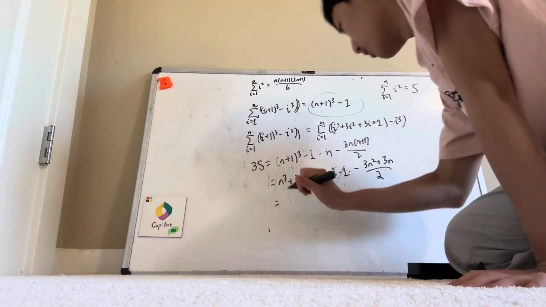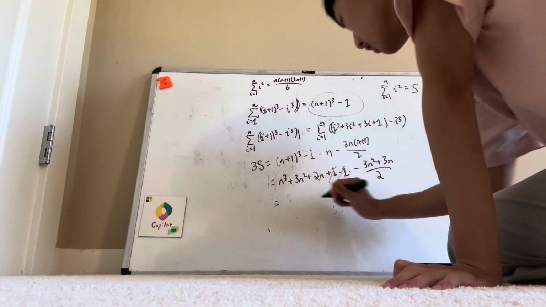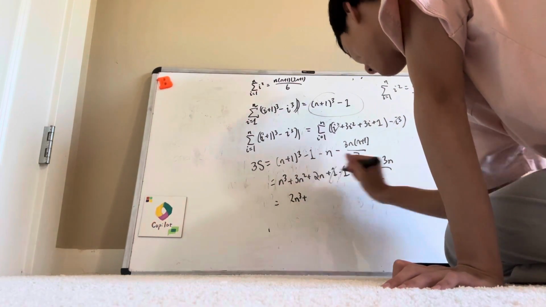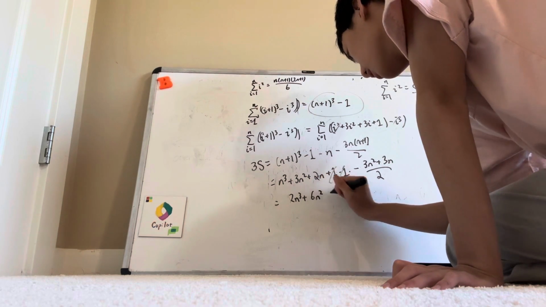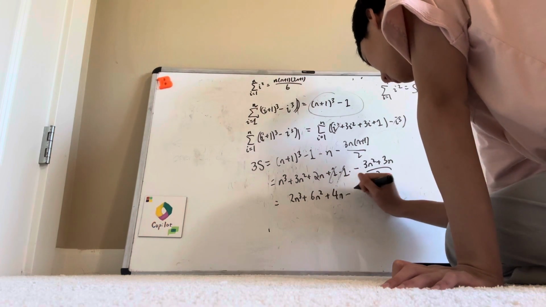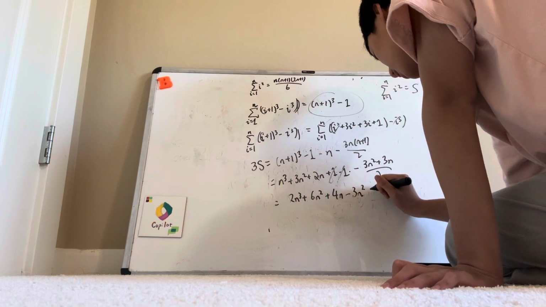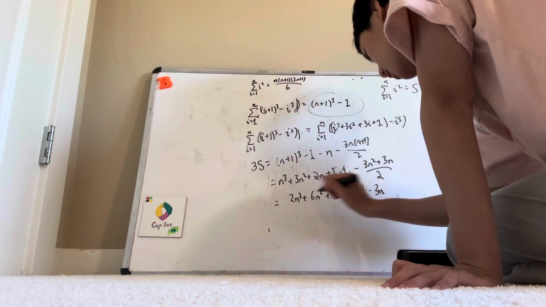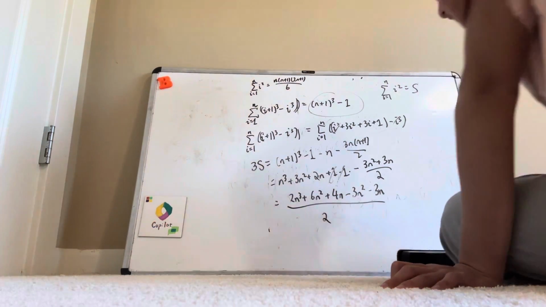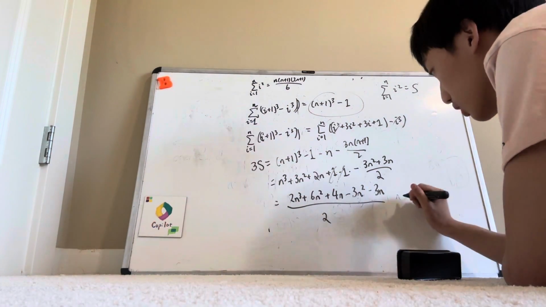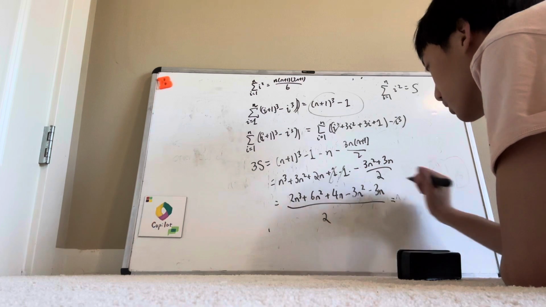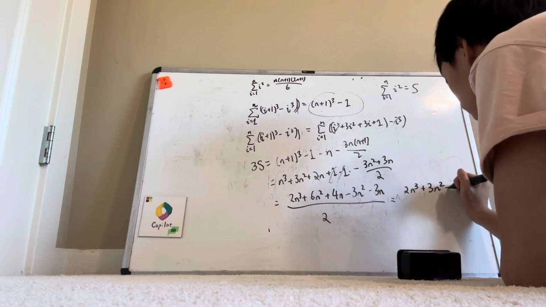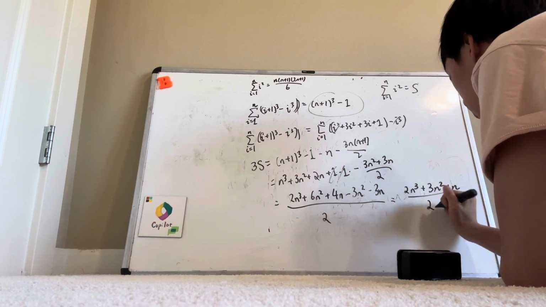And all that, when we plug in everything together, we get 2n cubed plus 6n squared plus 4n minus (3n squared plus 3n), actually that's minus since it's like brackets, over 2, which is equal to 2n cubed plus 3n squared plus n over 2.